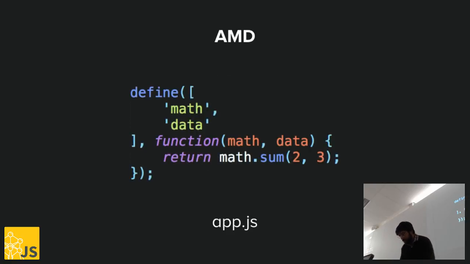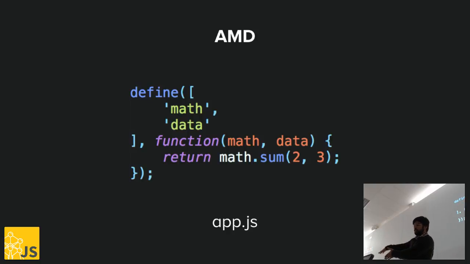Talking about AMD, AMD stands for asynchronous module definition. AMD defines a specification where you have a define function in which you pass as the first parameter the dependencies which you want to use in your application. In this case I have a dependency called math and another called data.